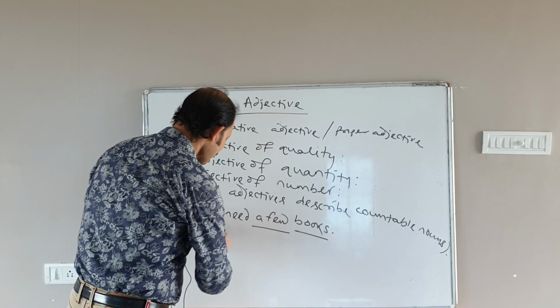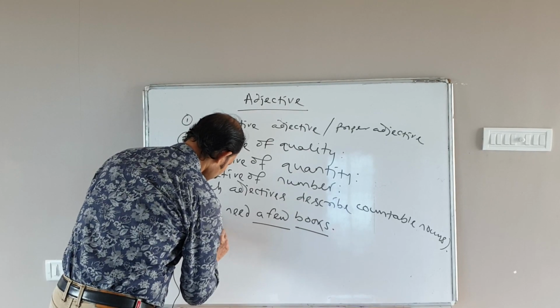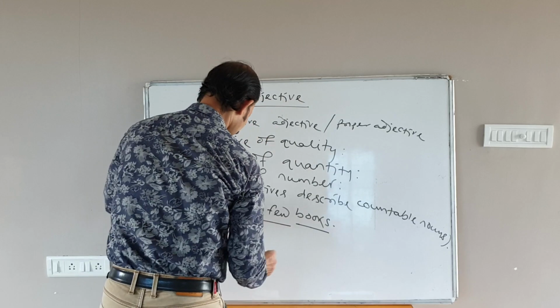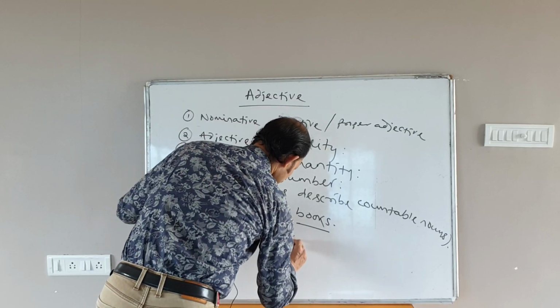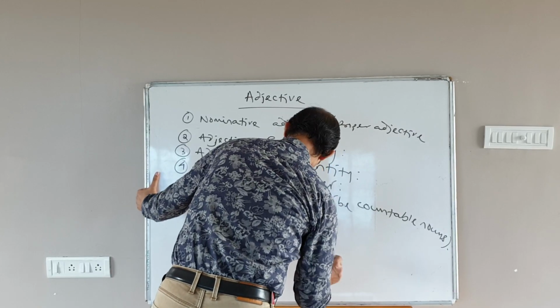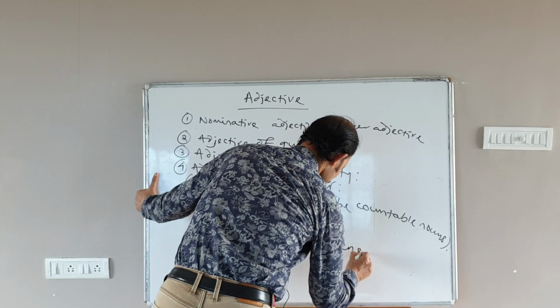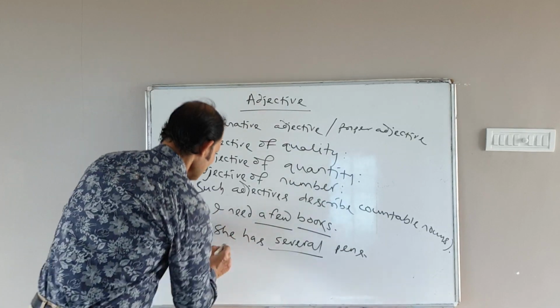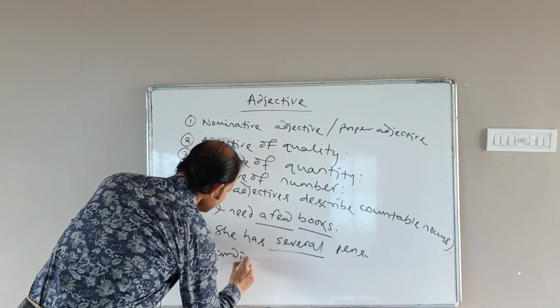Similarly, suppose she has several pens. So here several is also adjective of number. All the cardinal numbers are also adjective of number.